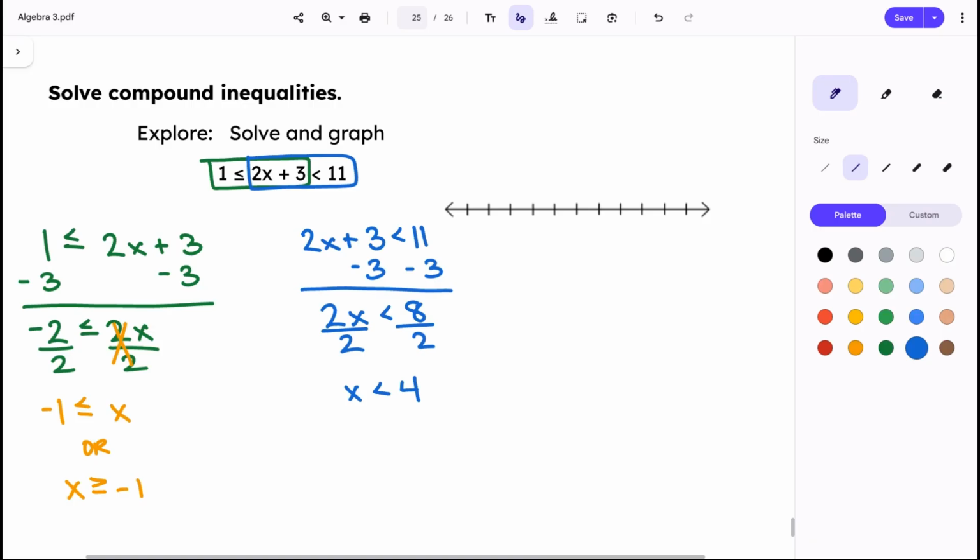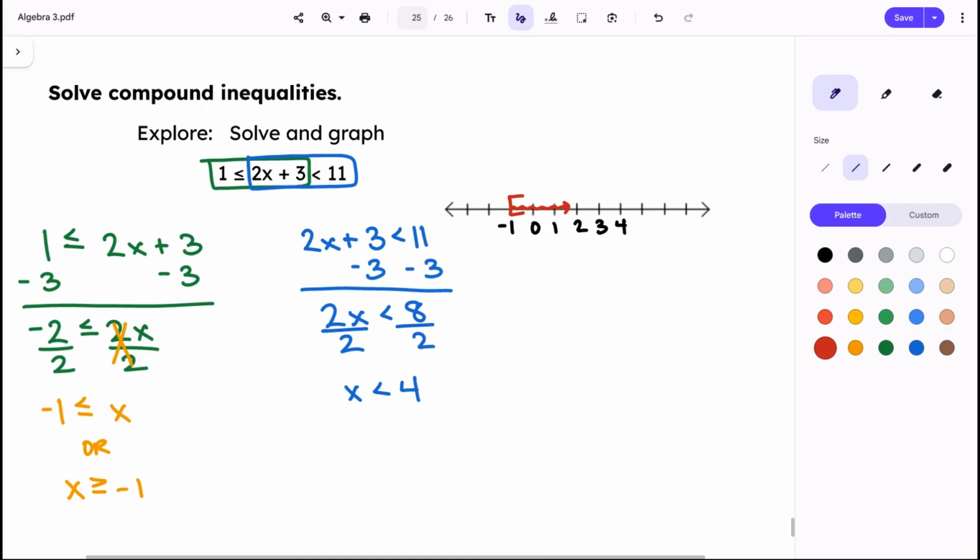Okay, so now let's go to our number line here. Do I have parentheses or a bracket at negative 1? Bracket, because it does have the equal sign. And which way would we be shading if we followed the sign? To the right. So we would be going this way.